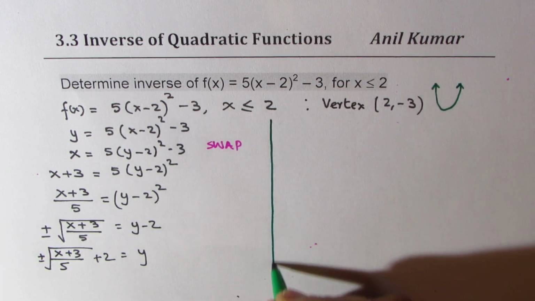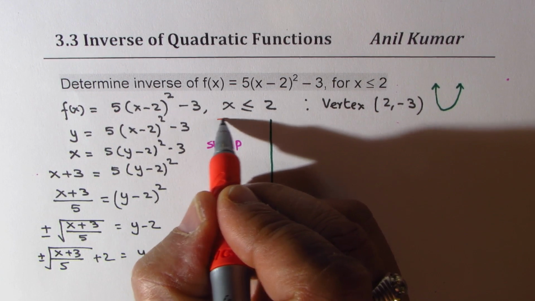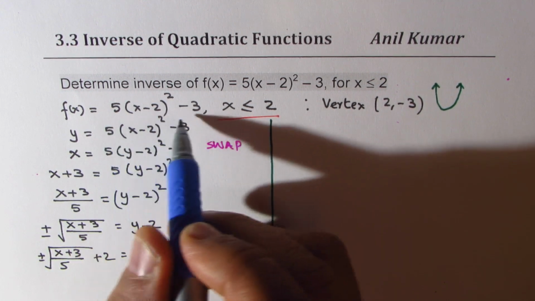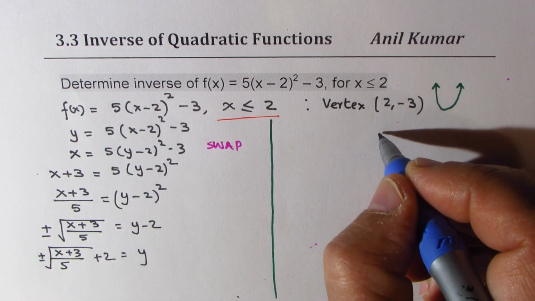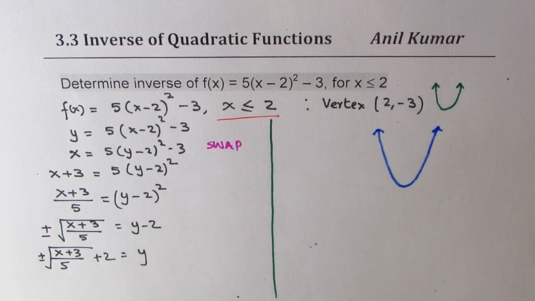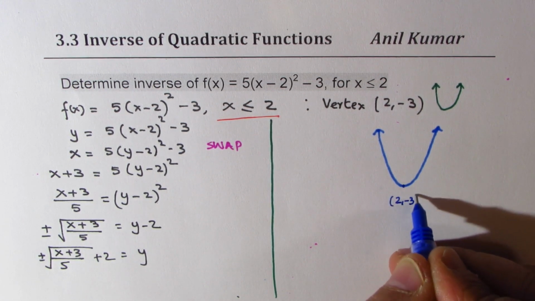Now, did we miss something from here? I think we did. We were given that the domain is restricted to less than or equal to 2. It really means that we are talking about a parabola which is opening upwards, whose vertex is at 2, minus 3.